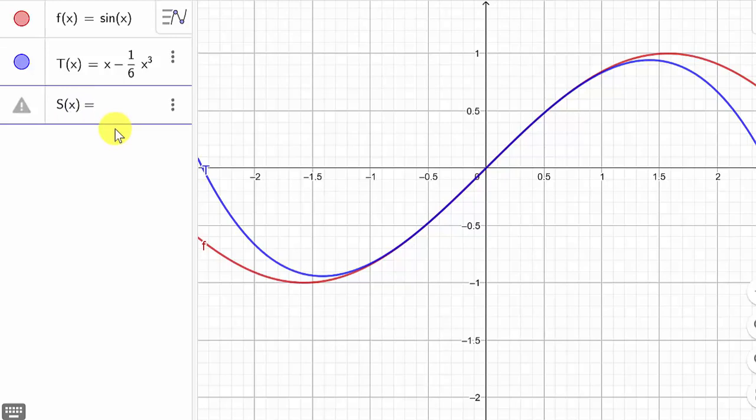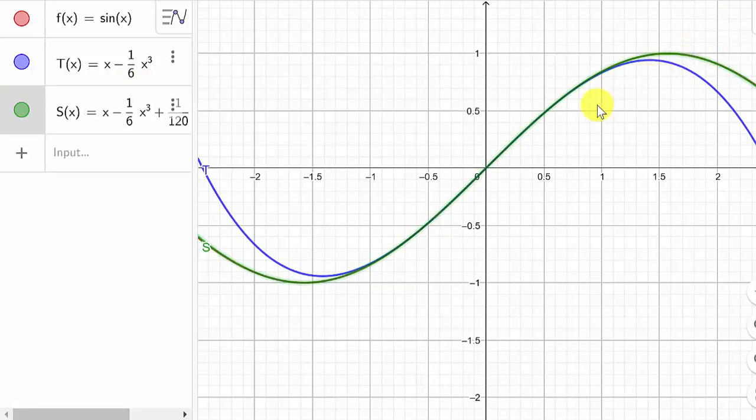I know we didn't find it, but I know what it is, so let's go ahead and graph it. Okay, so now I have T7, which is this S of x. That's the green one.